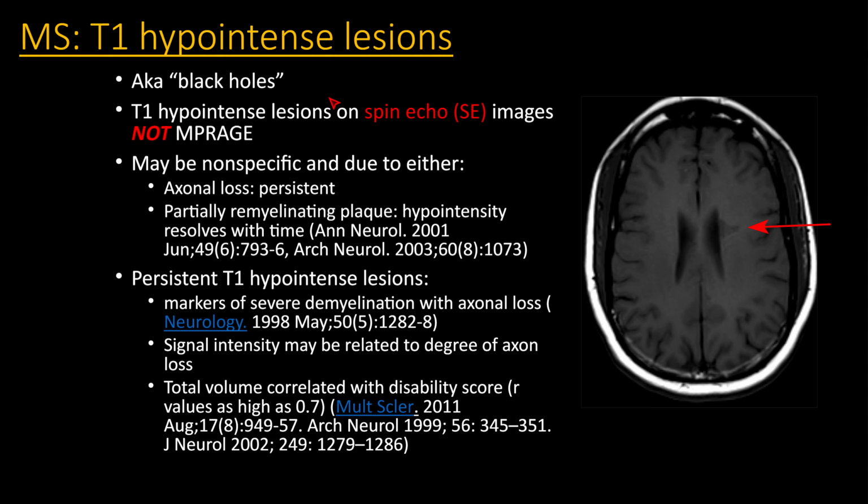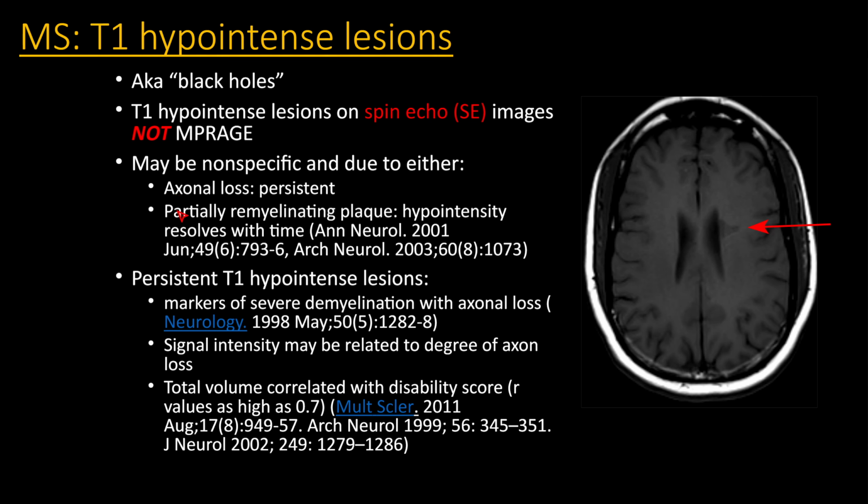Now, it's important to know that these lesions can actually be non-specific. Just seeing a lesion be T1 hypointense doesn't necessarily mean that it's due to axonal loss, although that's typically what you think of when you see these. These are areas of severe demyelination and loss of axons, so the axons aren't coming back.